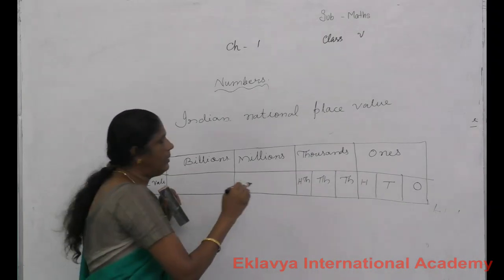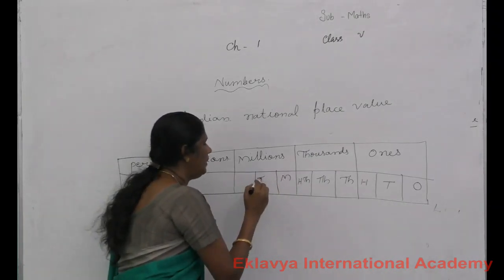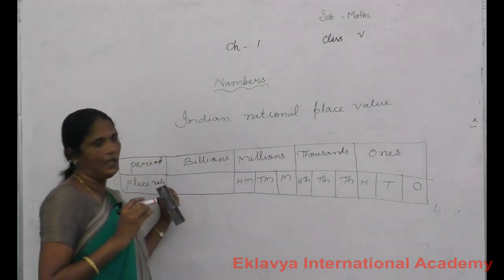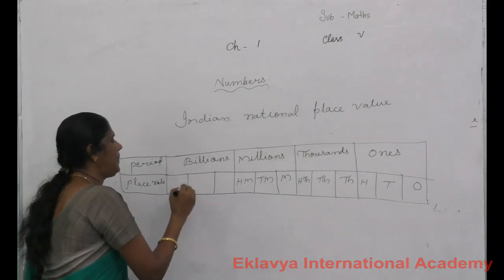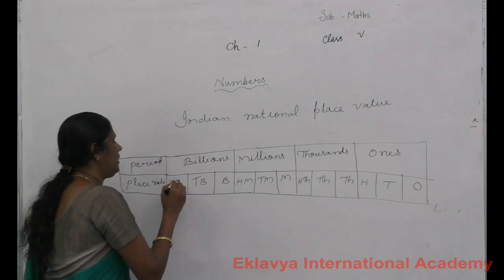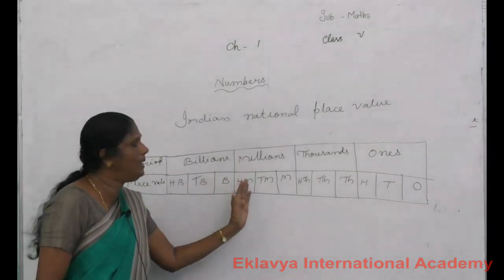Then the million period again has 3 places: million, 10 million, 100 million. Then billion also has 3 places: billion, 10 billion, 100 billion. Now our study is up to million.